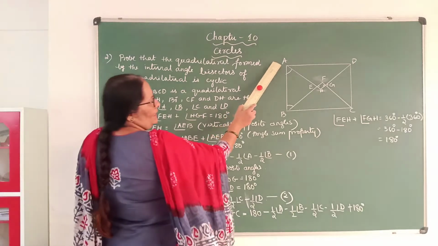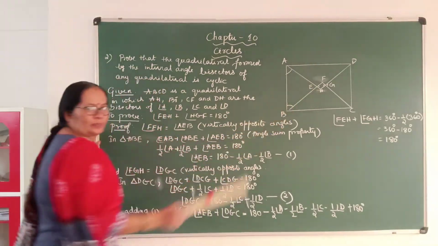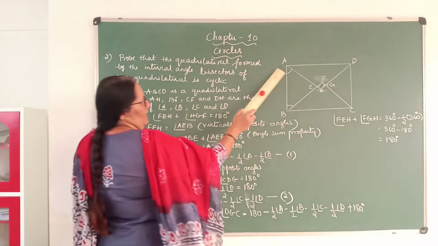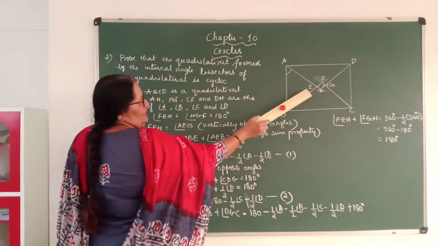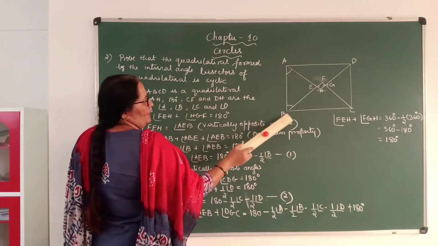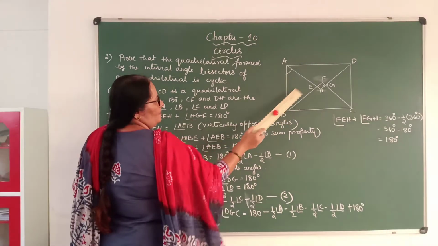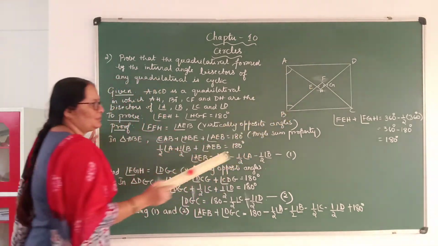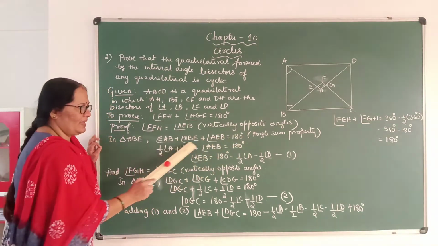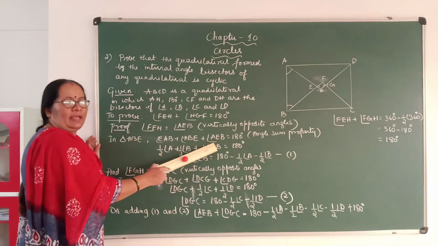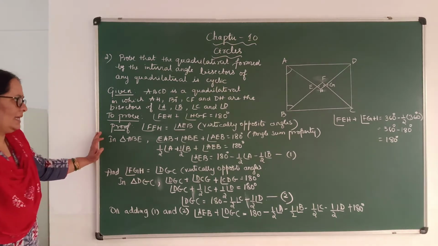Now take triangle AEB. In triangle AEB, angle EAB plus angle ABE plus AEB equals to 180 degree, angle sum property. So, sum of the three angles of a triangle is equal to 180 degree.